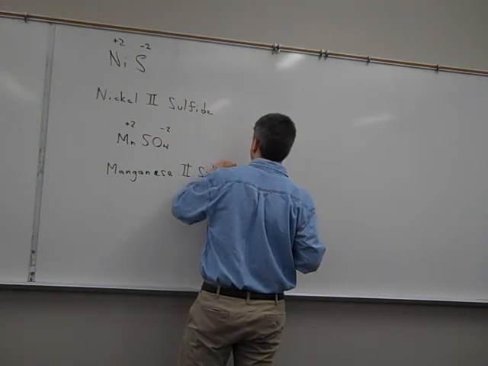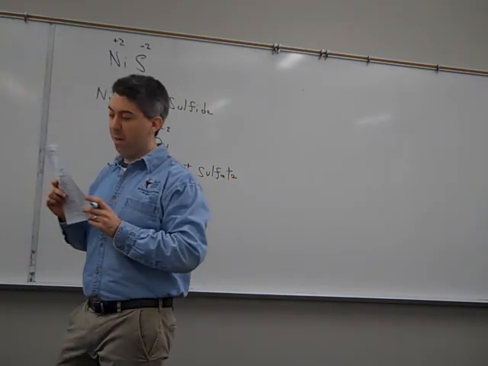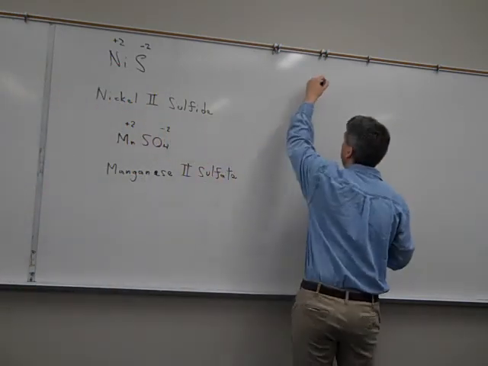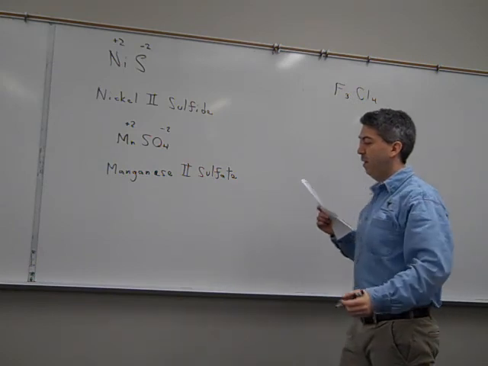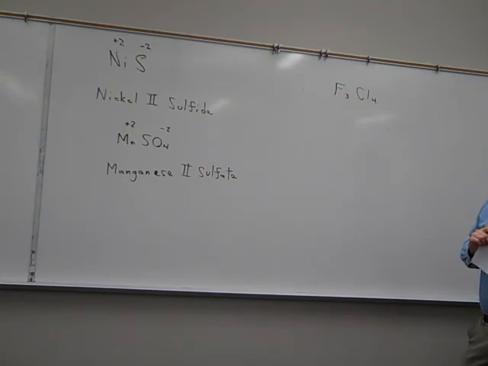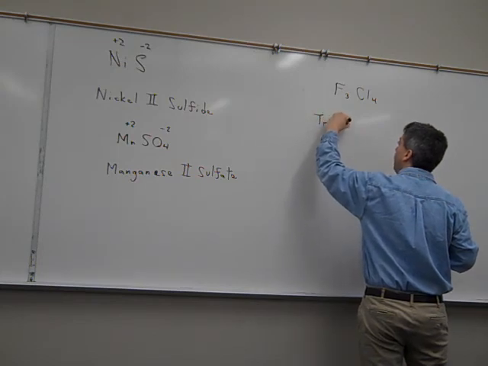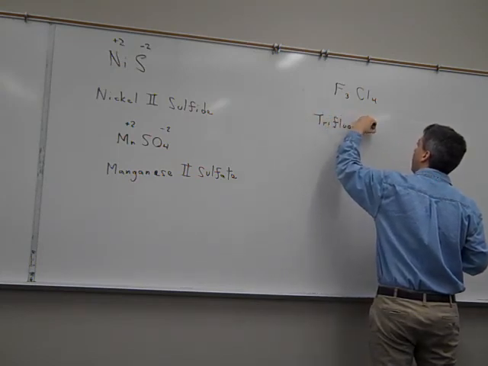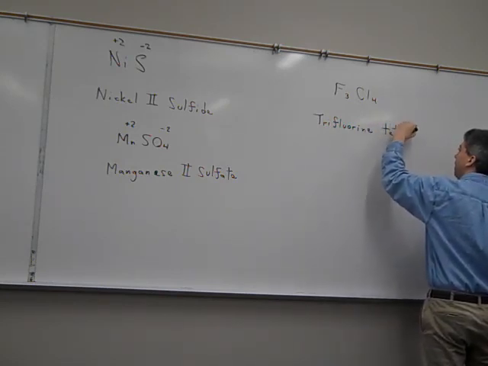What about number 3? Is it ionic or covalent? This one is covalent. How can you tell? Because they're both nonmetals. So it's covalent, which means we're not going to use ions. What are we going to use? Prefixes. So the name would be trifluorine tetrachloride.